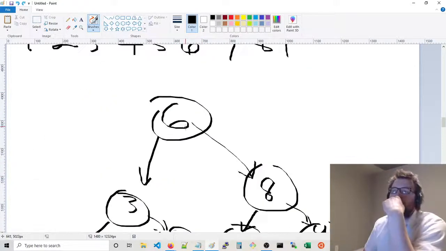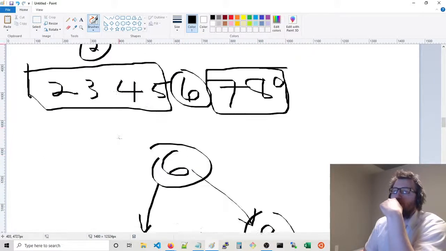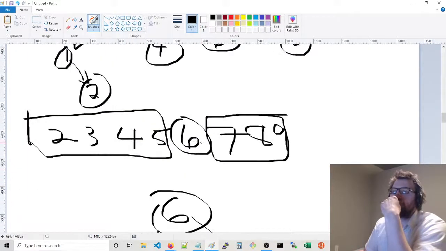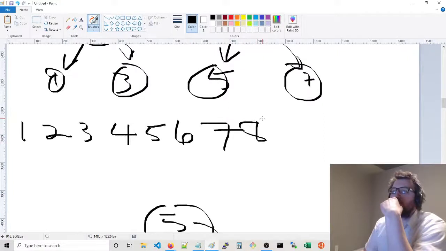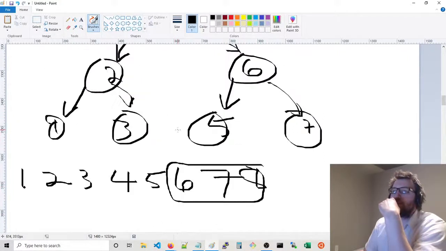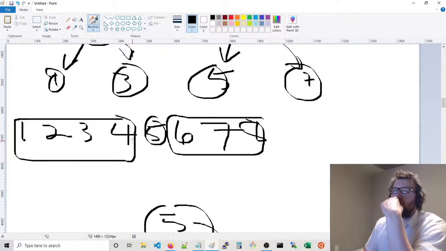Well, that's pretty simple. And then here you do similar things. So these 3 get their own section. This becomes a parent, and then you do a recursive call here. Yeah, just do this recursively. Same deal, 6, 7, 8 becomes its own piece here, and this is a recursive call.